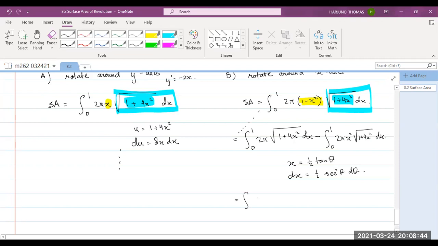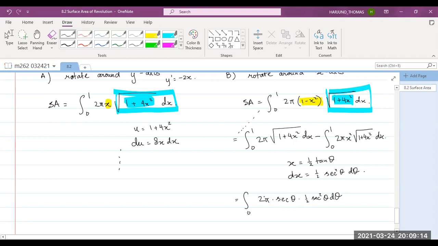Therefore, this is 2 pi, that will be what? Secant theta times 1/2 secant squared theta d theta. And the limit of integration will be when x equals 0, theta is 0.